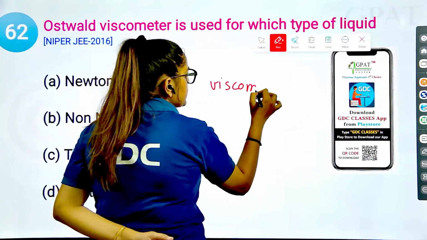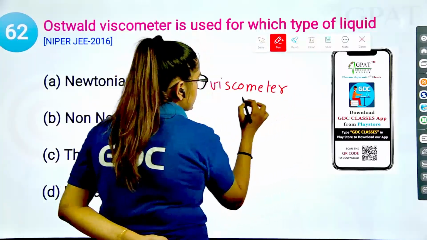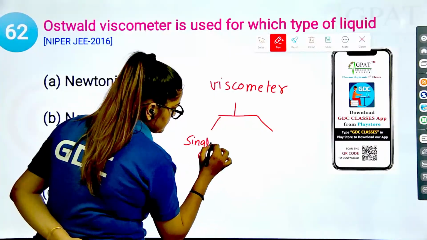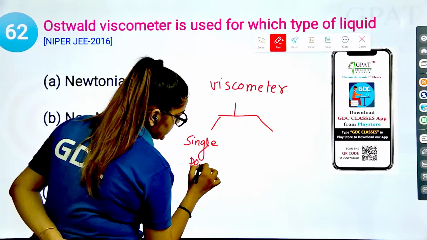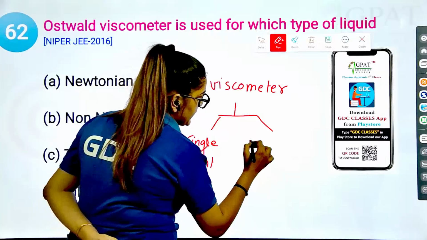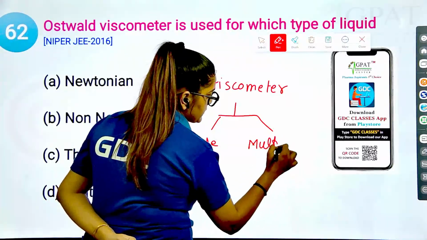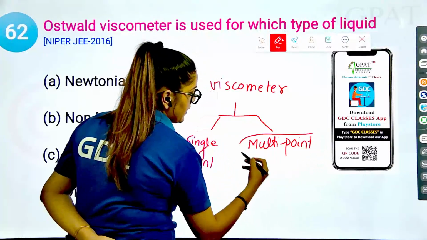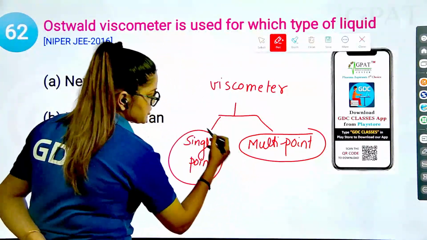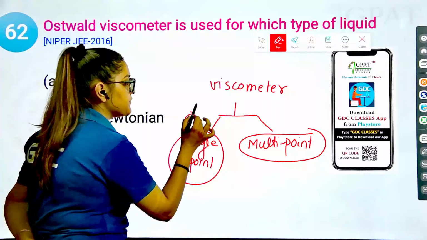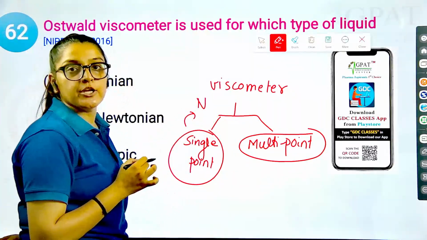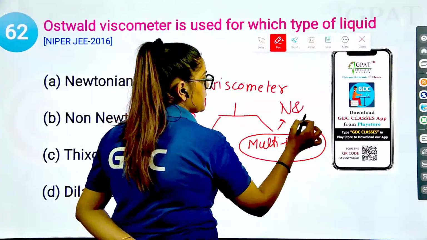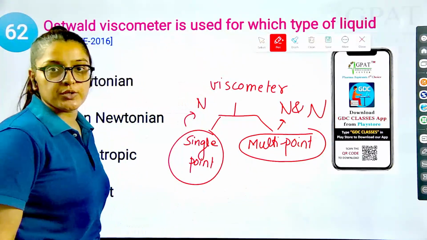Viscometers are basically classified as single point viscometers and multi-point viscometers. The single point viscometers are for the Newtonian fluids. The multi-point are for the Newtonian and the non-Newtonian fluids.